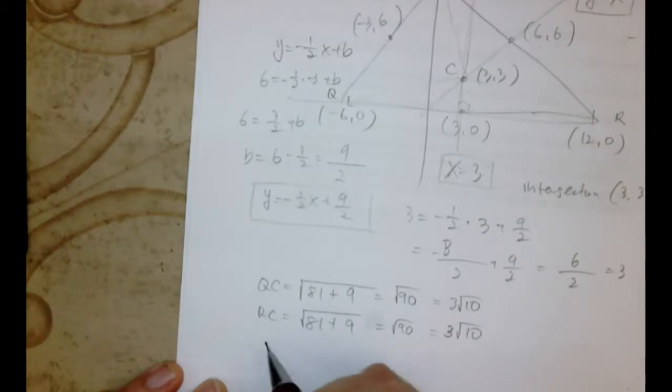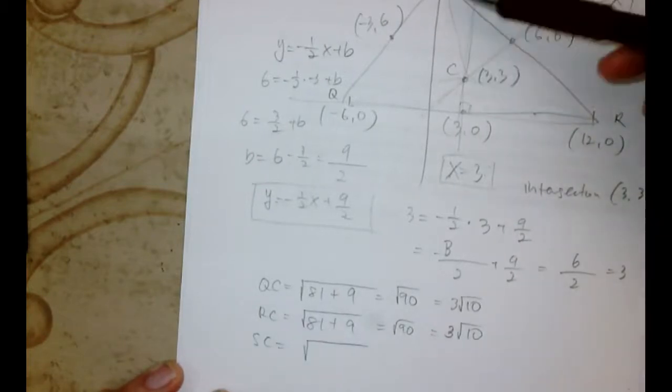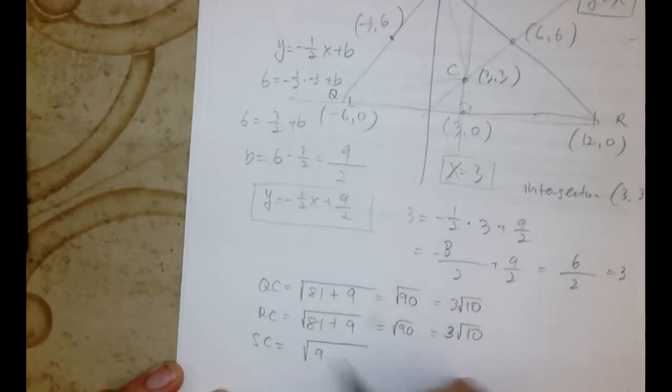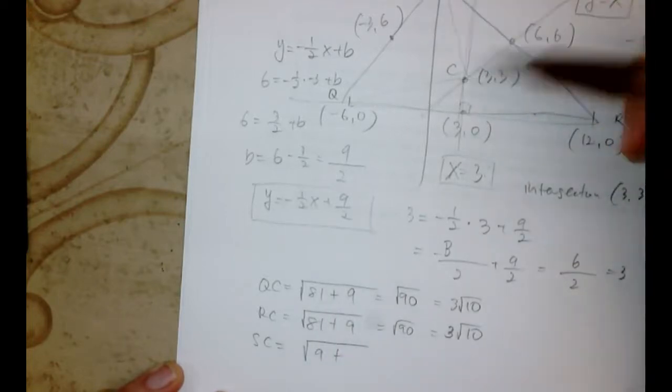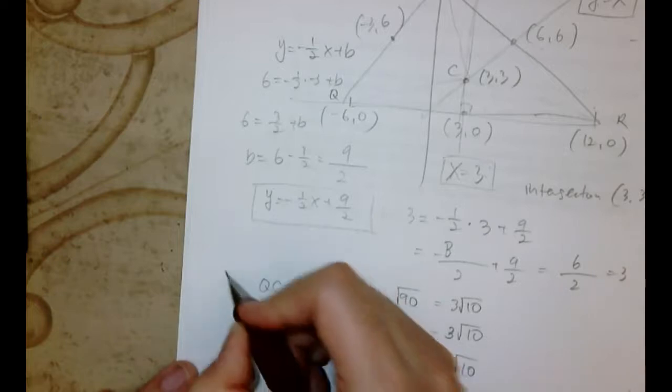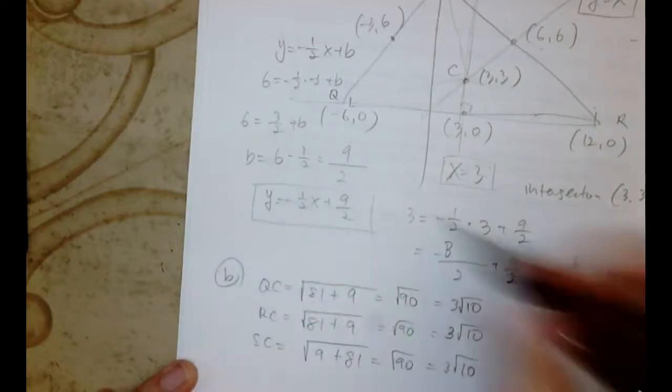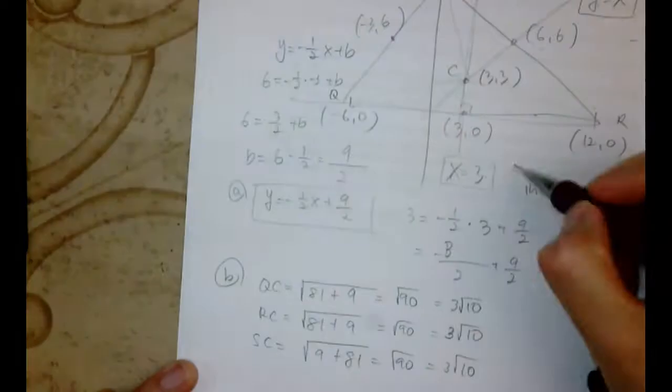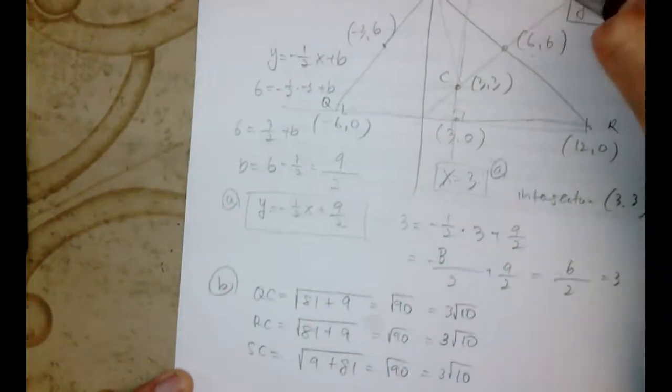And then SC is the square root of 0 to 3, so that's 9, plus 12 to 3, that's 9, so that's 81. It is the same.